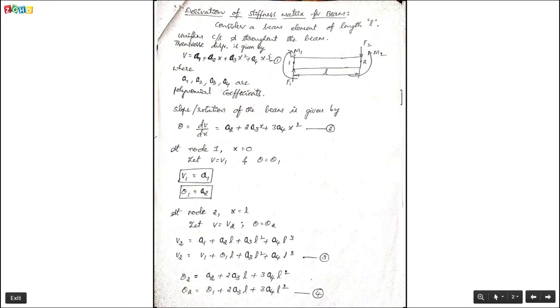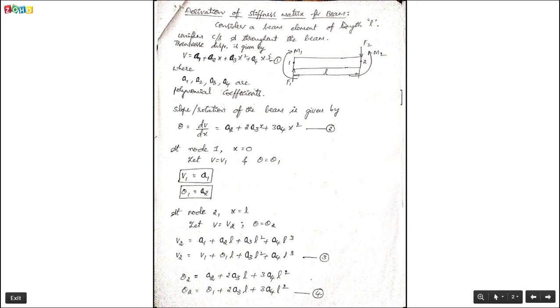The moment acting in the clockwise direction, that is M1, is negative. The anti-clockwise moment I consider as positive. So totally, how many parameters are acting? F1, M1, F2, M2. Four parameters. When it is upward, it is positive. When it is anti-clockwise, it is positive. Clockwise and downward are considered negative. You can remember that.